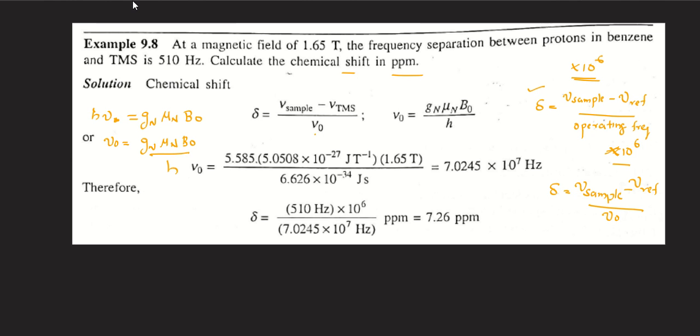Here also the nuclear magneton is not given, so you have to remember the value as in the previous problem. The value is 5.0508 into 10 raised to minus 27 joule per Tesla.